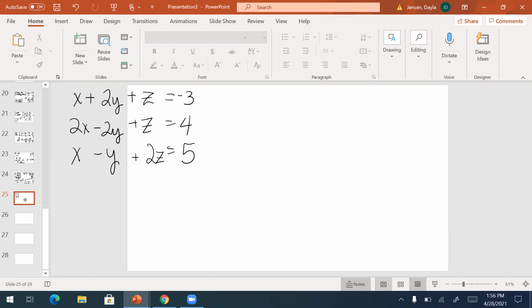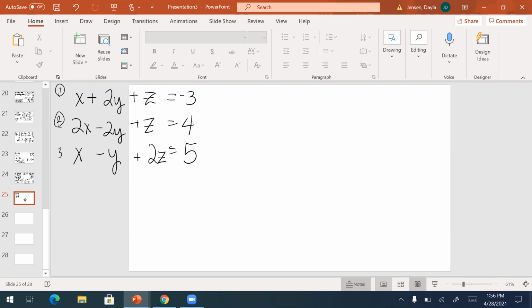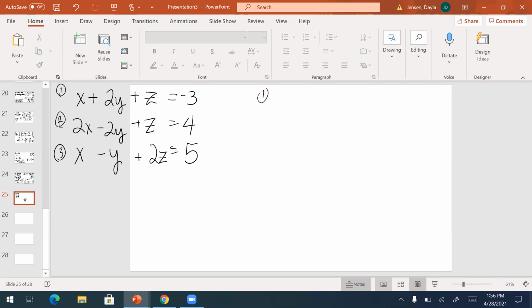So if I add the first one and the second one, maybe it'd be helpful if you want to number these. 1 plus 2. We're going to add those 2 together. And what's that going to give us? That's going to give us 3x. The y's are eliminated, plus 2z equals 1, just by adding number 1 and number 2.